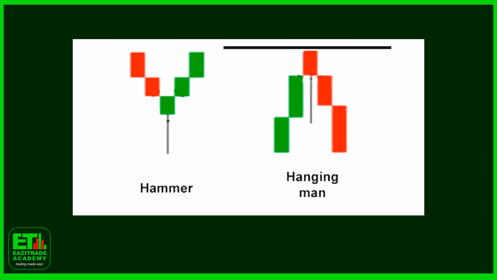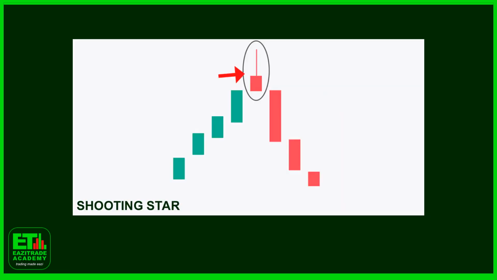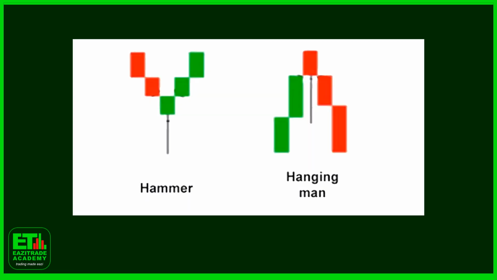Next on the list is what we call the shooting star. It's an inverted hammer. The first hammer we talked about is found at the support zone, and at that support zone, it is a signal that the market is about to move to the upside.